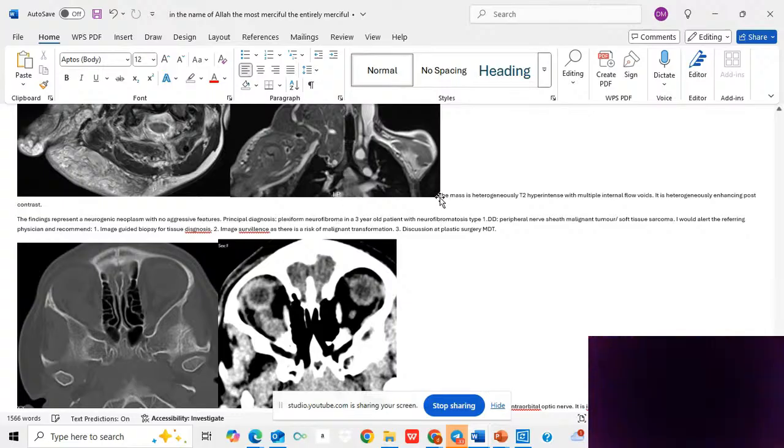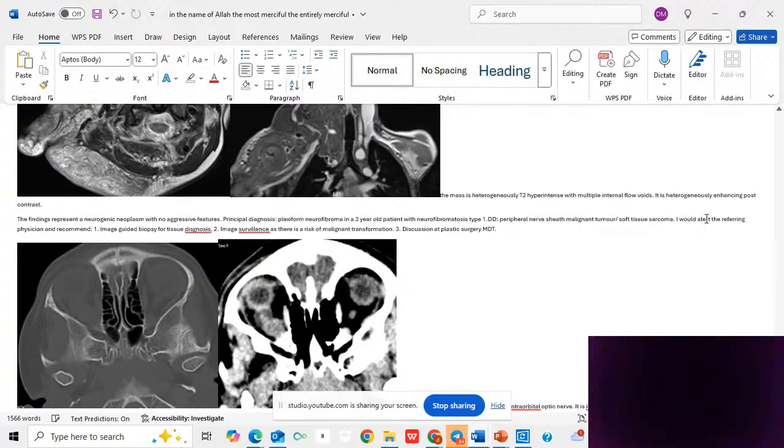Plexiform neurofibroma is a characteristic feature of NF1. Differential diagnosis: soft tissue sarcoma or malignant peripheral nerve sheath tumor.